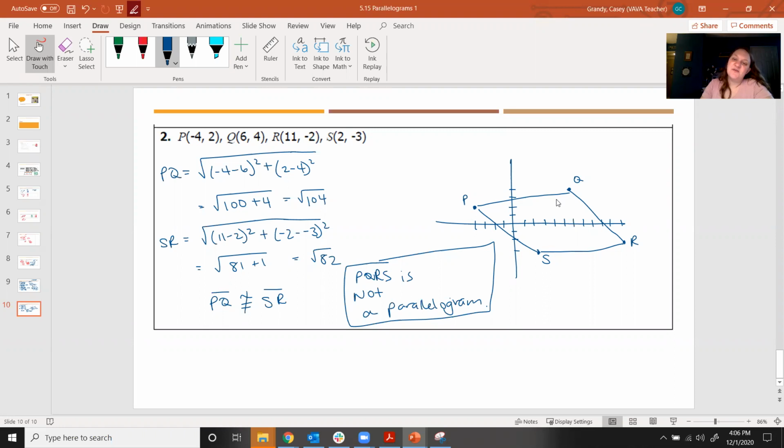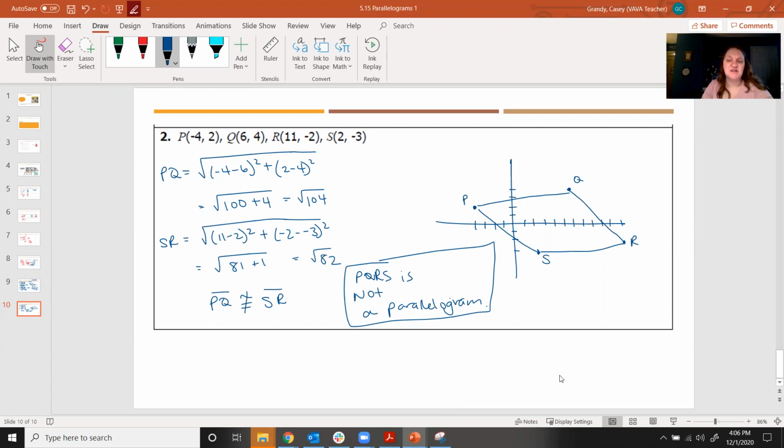I noticed I don't have any horizontal or vertical lines. And the reason I look for those is because if there's a horizontal line, I can just count the blocks and I don't have to actually use the distance formula. Same with vertical lines. But I didn't have either of those. So I used the distance formula and I started testing PQ and SR. And the length of PQ was the square root of 104. And that can be simplified, I think.